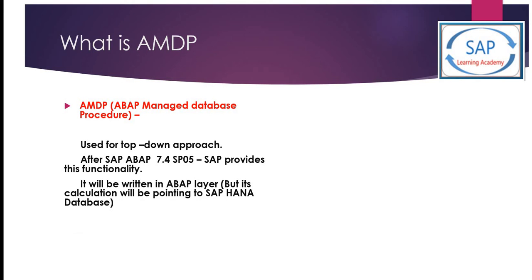As I said, it will be written in the ABAP layer, but its calculation will be pointing to the SAP HANA database. And you can use SQL script in AMDP, because it is an advantage to all the SAP HANA consultants that you can write SQL script, which gives you the functionality of managing or writing all kinds of database scripts or languages, which will be much faster than your standard ABAP code.